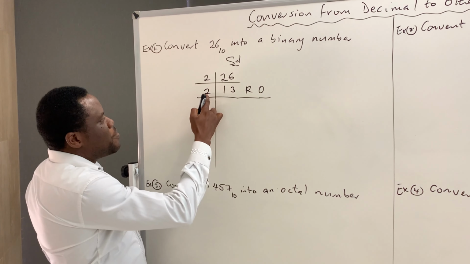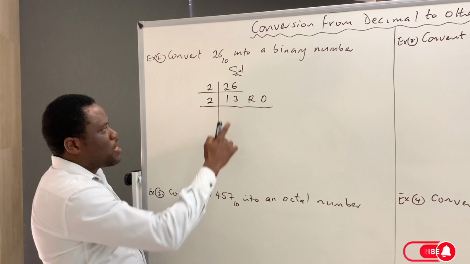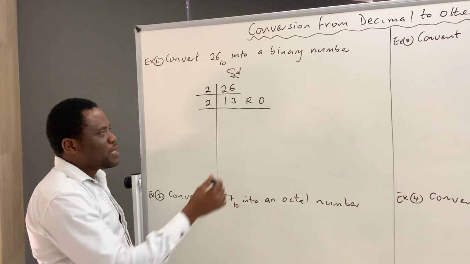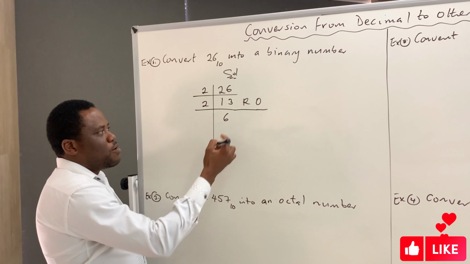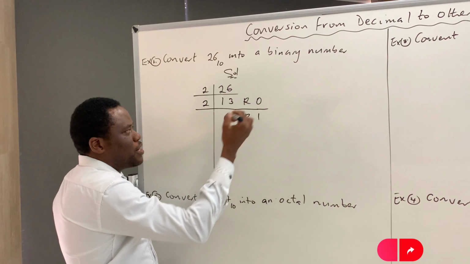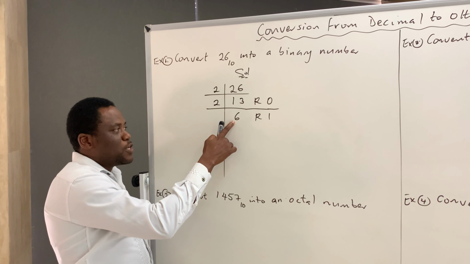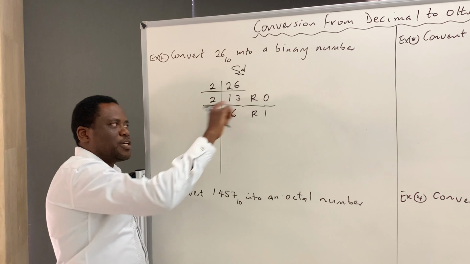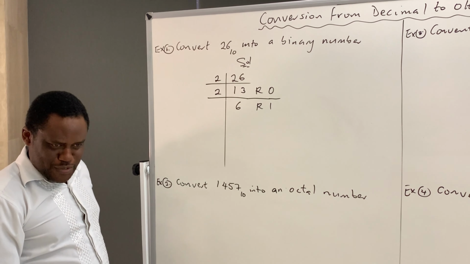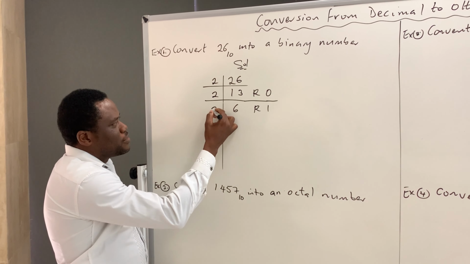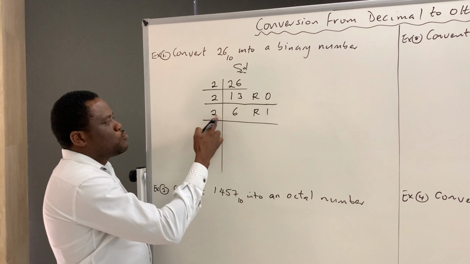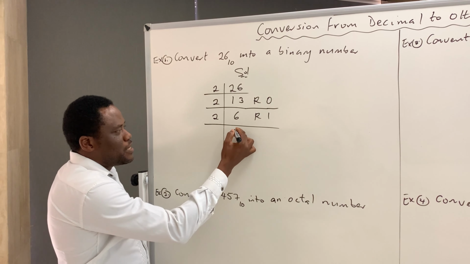Okay? So how many times 2 goes into 1? Not possible. How many times 2 goes into 13? That will be 6. Remaining what? 1. Because 2 times 6 is 12, and 12 plus 1 will give us 13. Are we together? Again, 2. 2 goes into 6, it's 3 times.